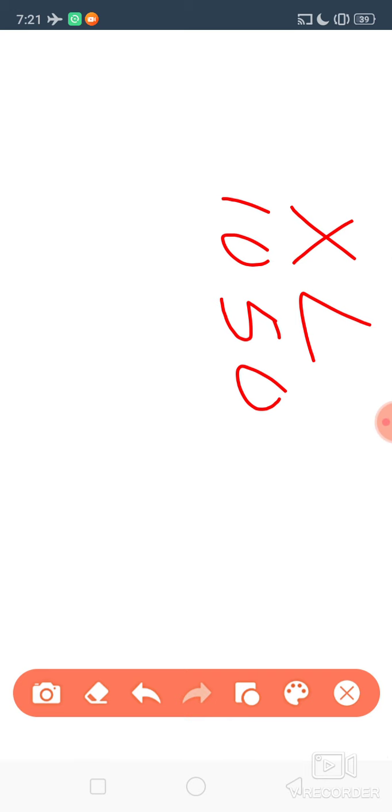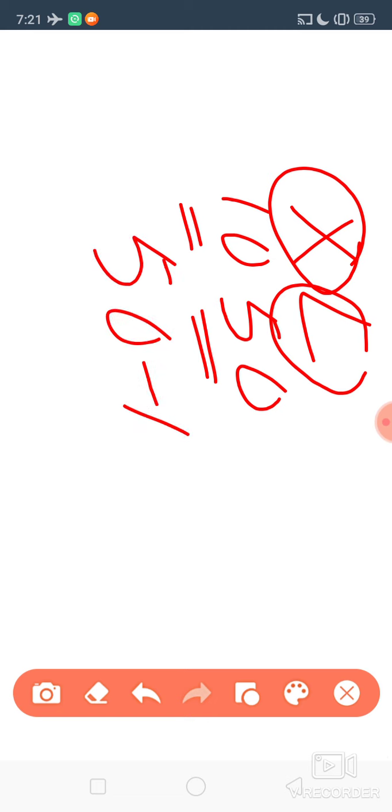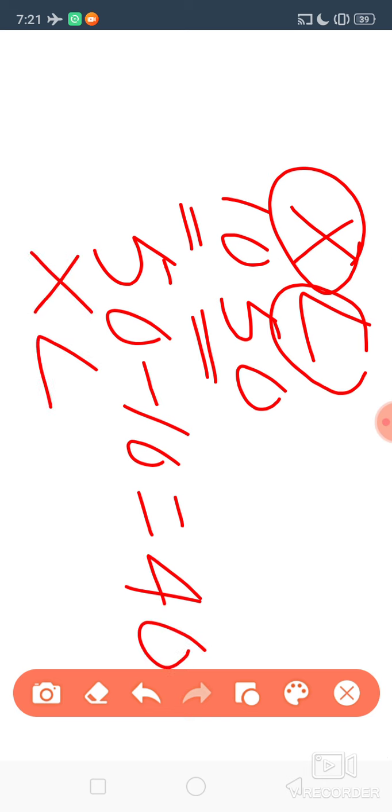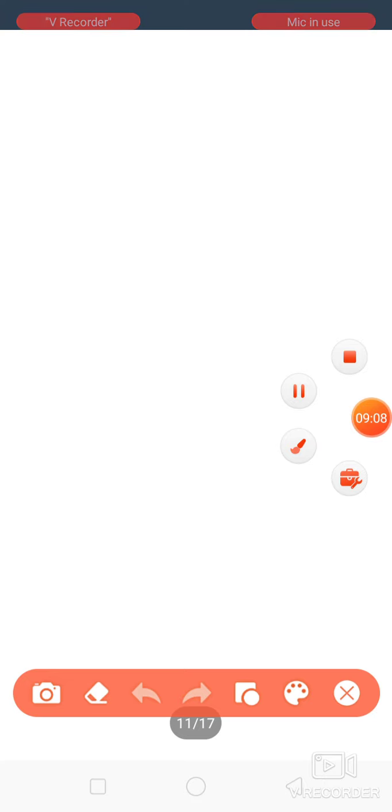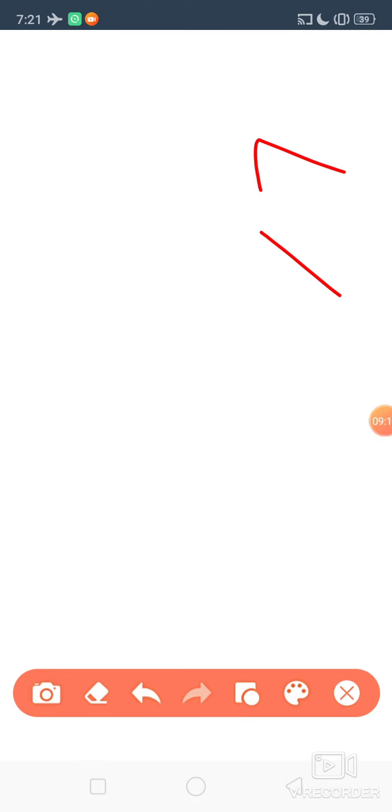Now look at here. Before the larger number, the smaller number is written. So what do we have to do? We have to subtract the smaller number from the larger number. So 50 minus 10, how much will we get? 40. So to write 40, what do we have to write? XL. Suppose it is written LX.